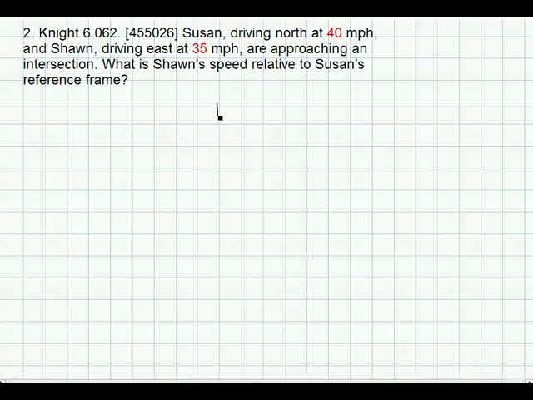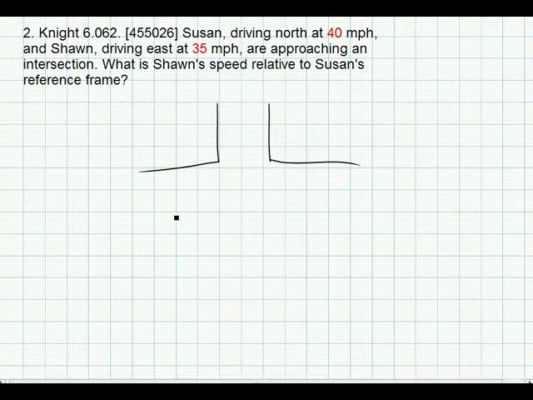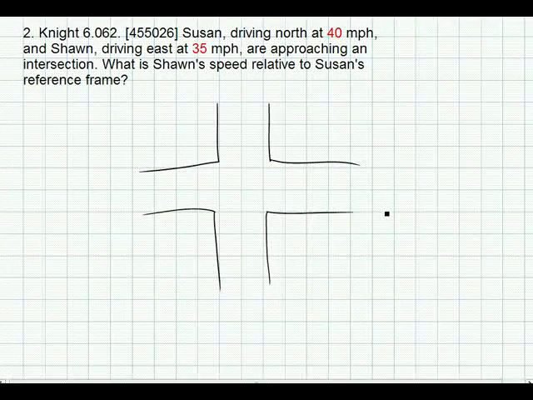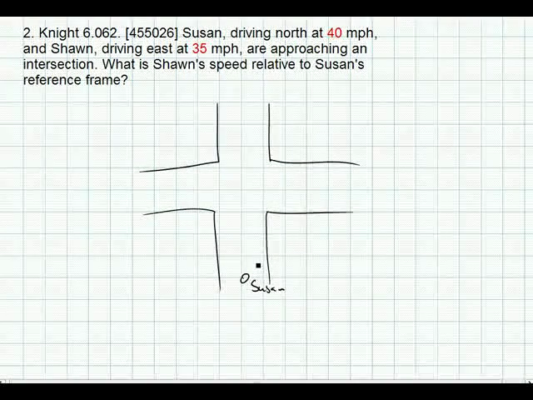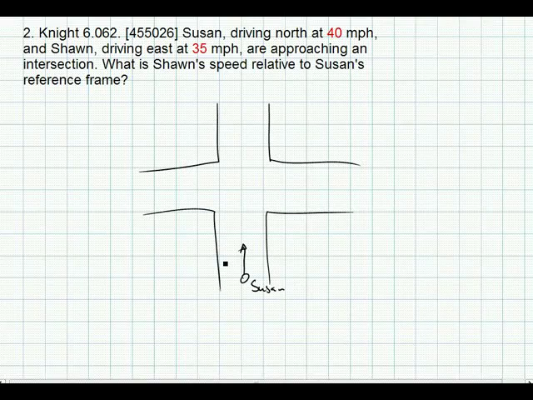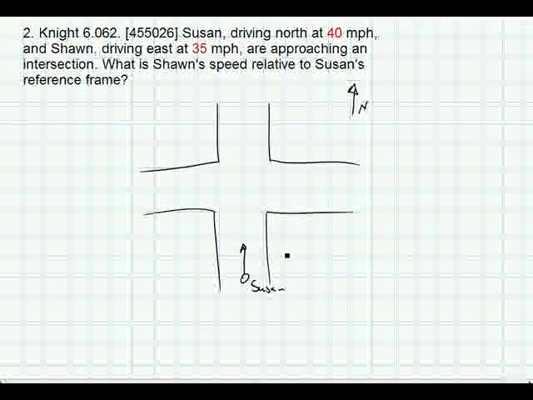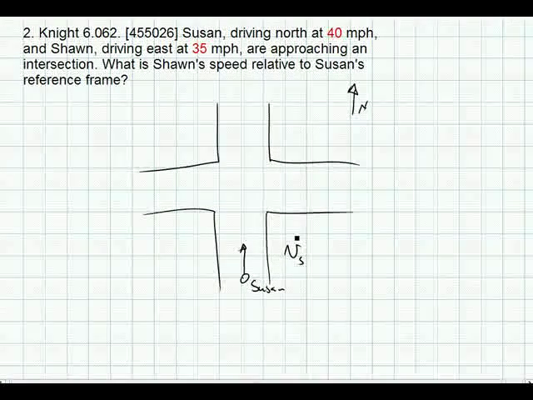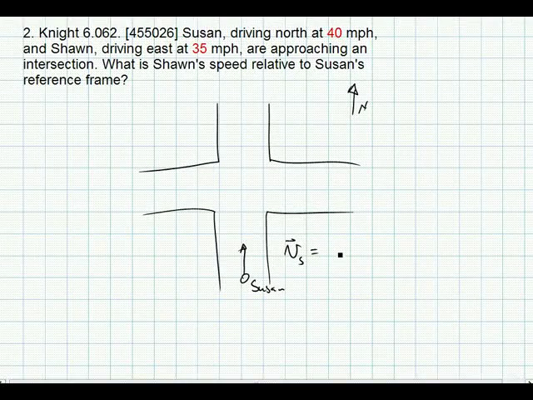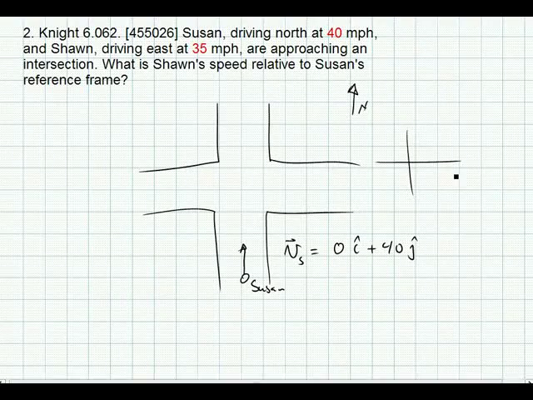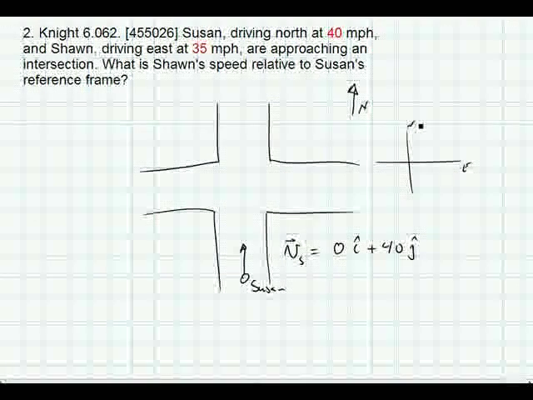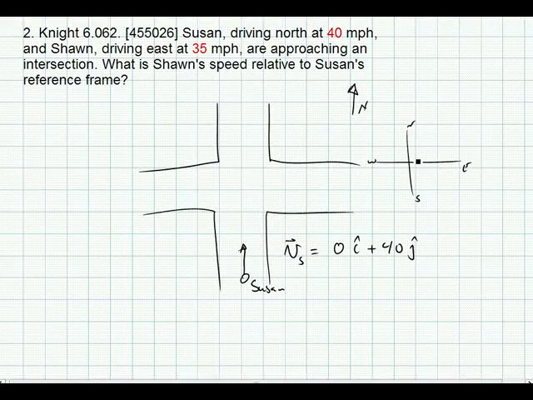Let's do a very quick pictorial representation. This is our intersection. We have Susan driving north. I've said that this is north, and her velocity can be written as 0i plus 40j. What I've said is that this is my east, north, south, west coordinate system.